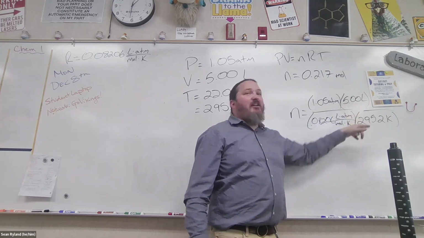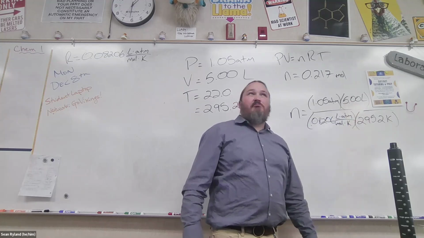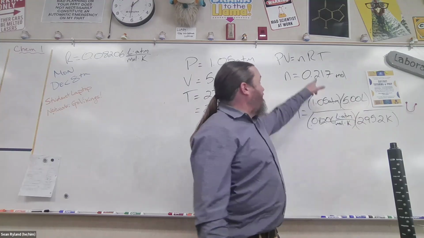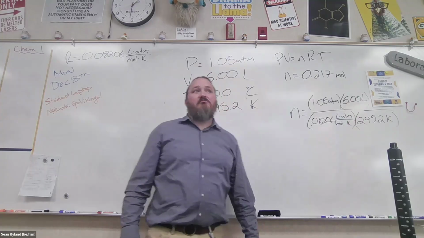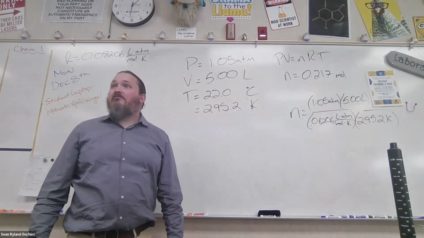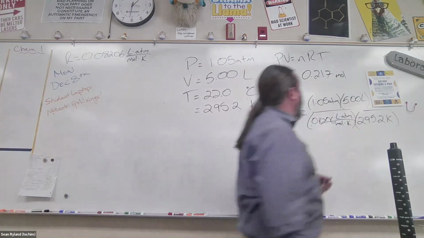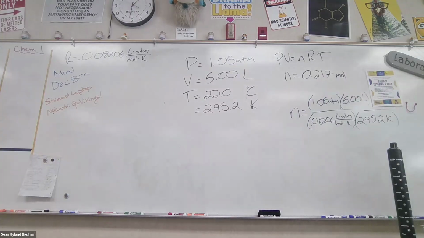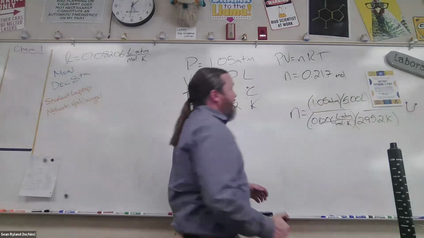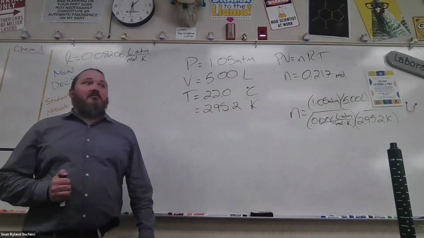So 5 divided by 30, 1 divided by 6. Is that in the same ballpark as 0.2? 1 sixth is 0.167. 0.2 is pretty close. So yeah, we probably did it right.